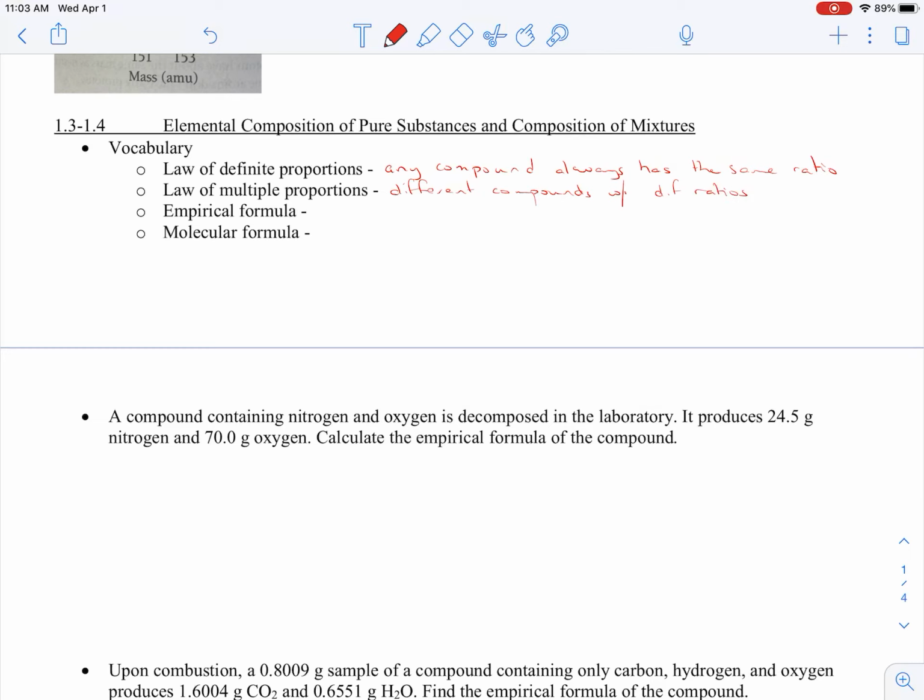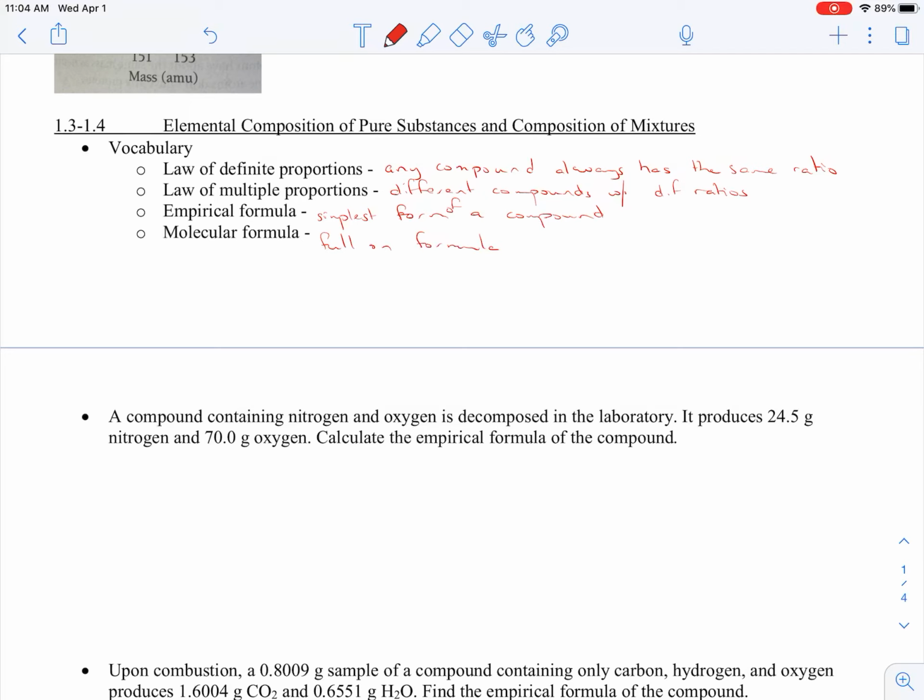Empirical formula, this is our simplest form of a compound, right? Remember, most reduced form. And then our molecular formula is our full-on formula. This is the actual formula.